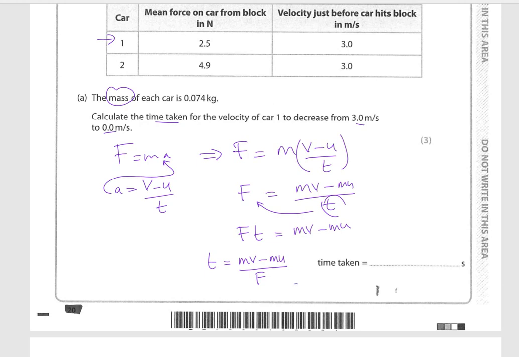Okay, now m I know, which is 0.074 times, now it goes from what? It decreases from this to this, so this is my initial velocity and this is my final velocity. Therefore the final velocity is 0 minus the initial velocity, times 3, divided by the force.